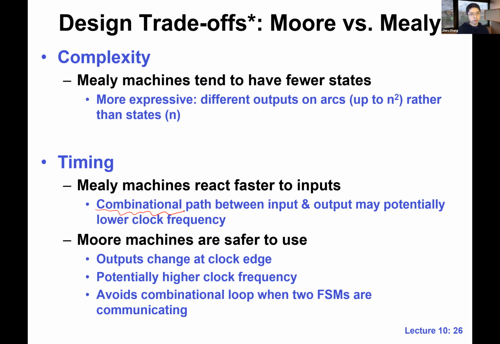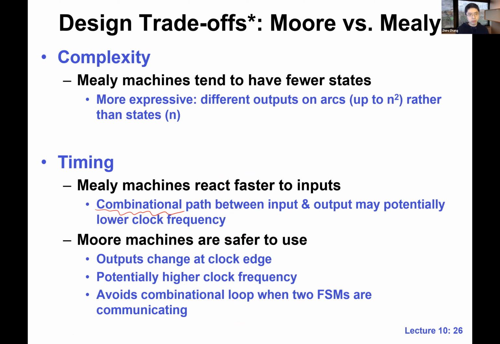Also, there's something that you don't have to know, but when we put 2 communicating FSMs together with Mealy machines, we may have combinational loops. Again, this is something that we may look into in one of the later lectures. For now, just keep this in mind.